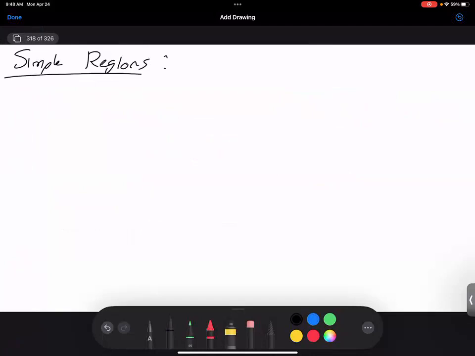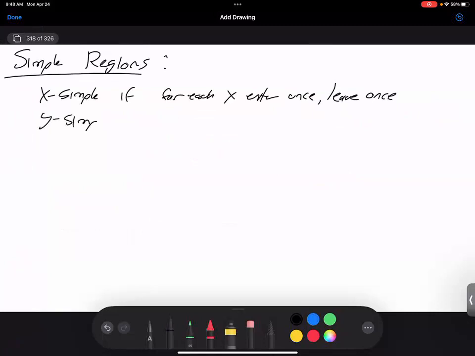So you're X simple if for each X you enter once and leave once. Y simple if for each Y you enter once, leave once. And then simple if X simple and Y simple.